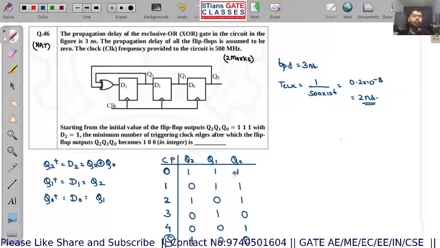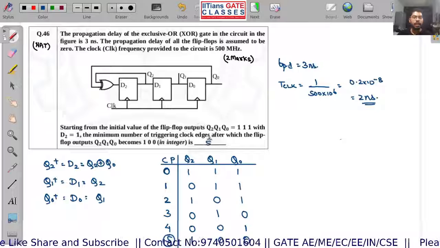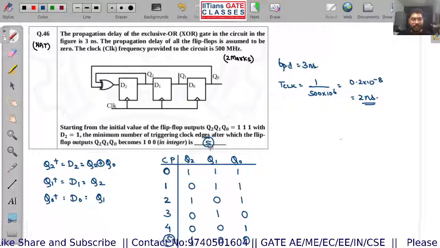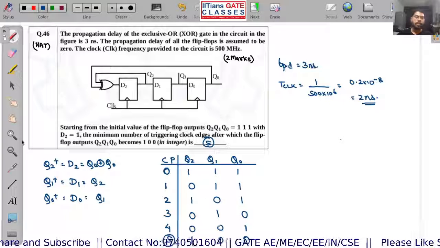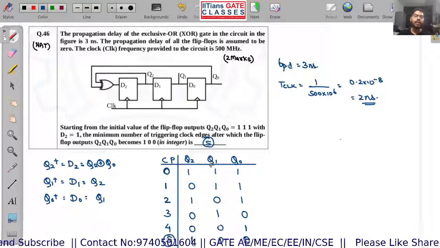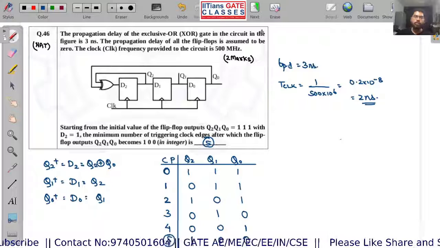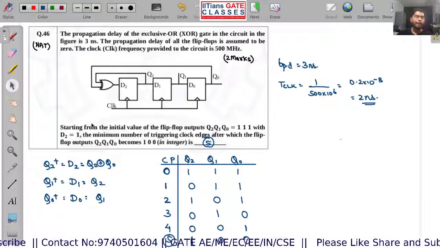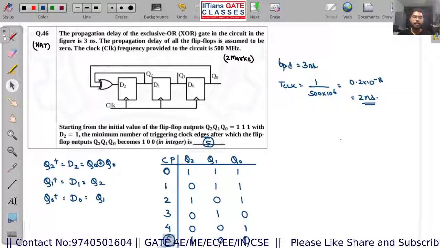Those of you who did not understand this concept of delay and marked 5, let us see whether this answer is correct or incorrect. So what am I going to do? I am going to draw the state diagram on the next page. Let me copy this.